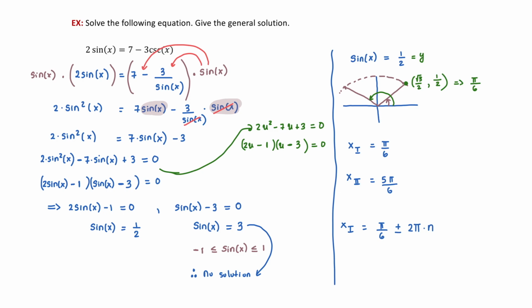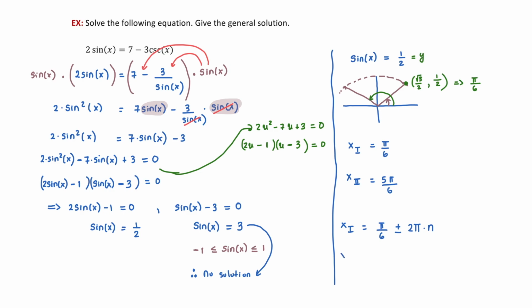And just to remind you, the plus or minus is there because I am thinking of n as a natural number, just the counting numbers, 1, 2, 3. And when we want to get that general solution, we want to get all coterminal angles with pi over 6, positive and negative angles. So by putting plus or minus, I capture everything.